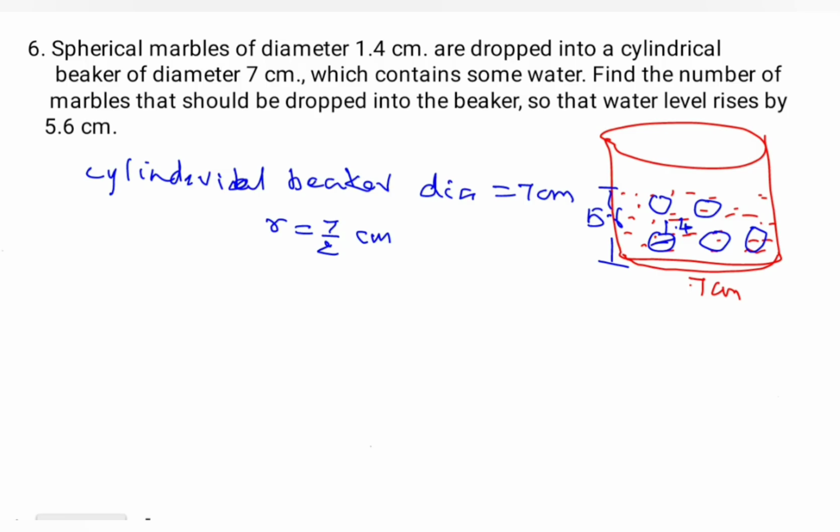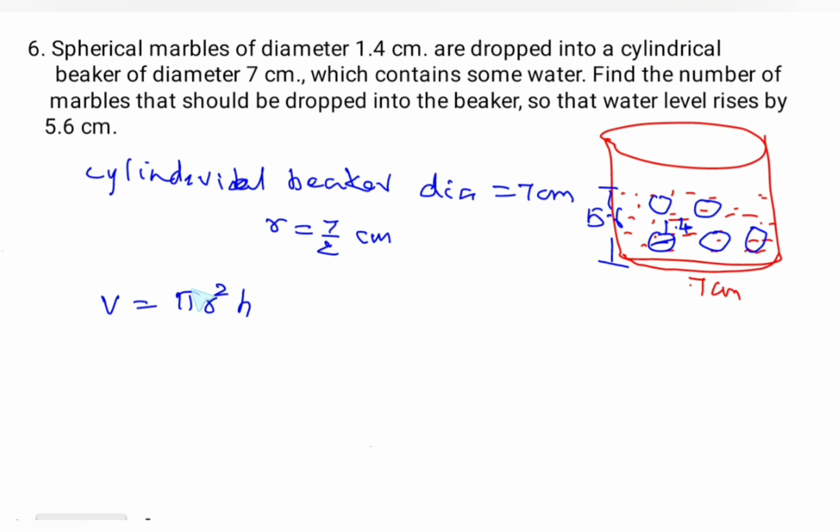So now the volume of this rising water level is equal to pi r square h.